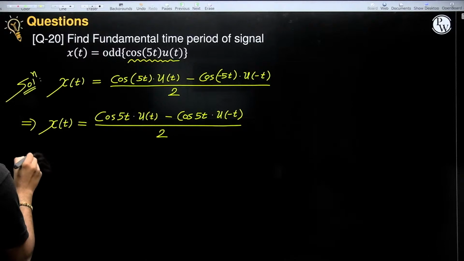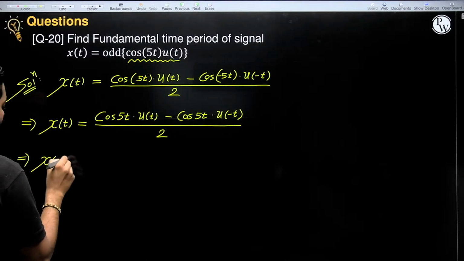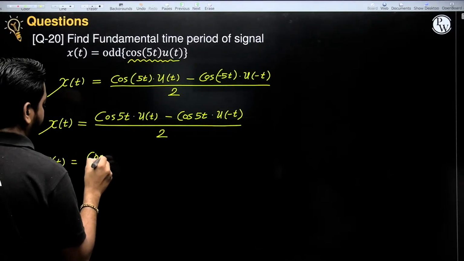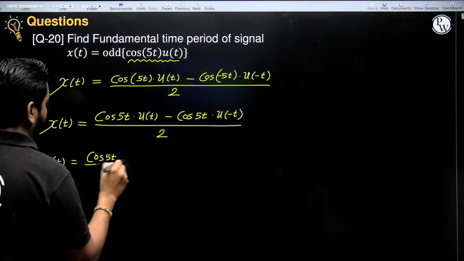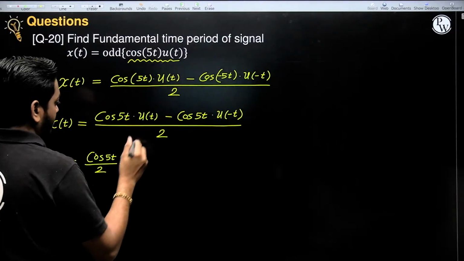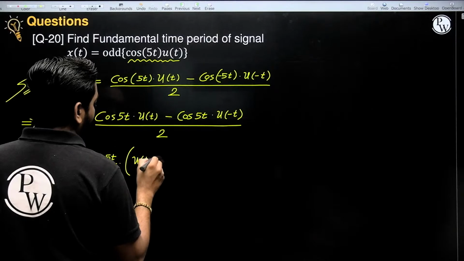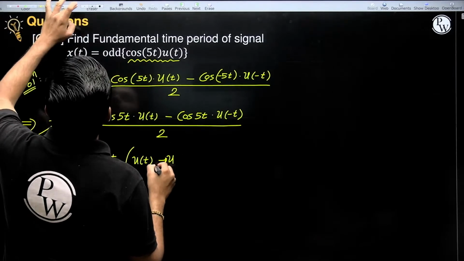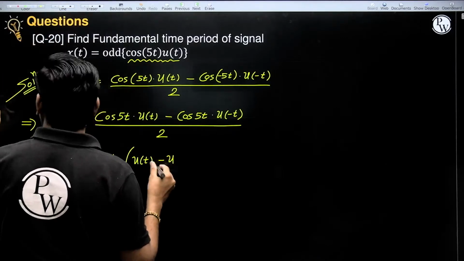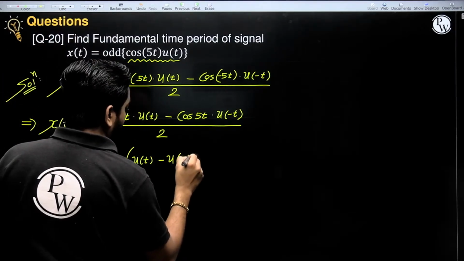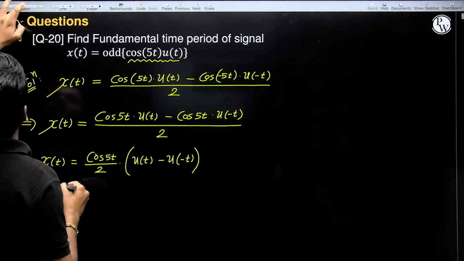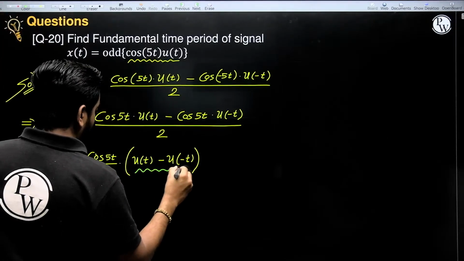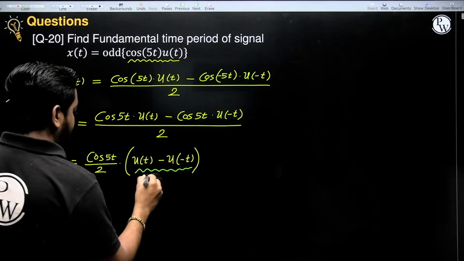Now again cos 5t common, cos 5t by 2 is u of t minus u of minus t. So this is nothing but the signum function. Already we have seen signum of t.